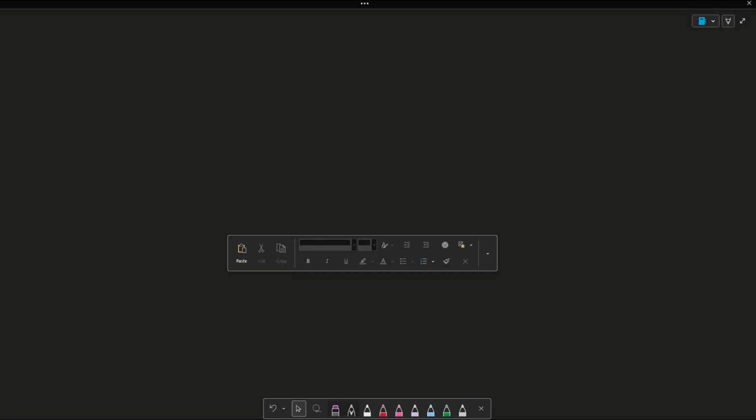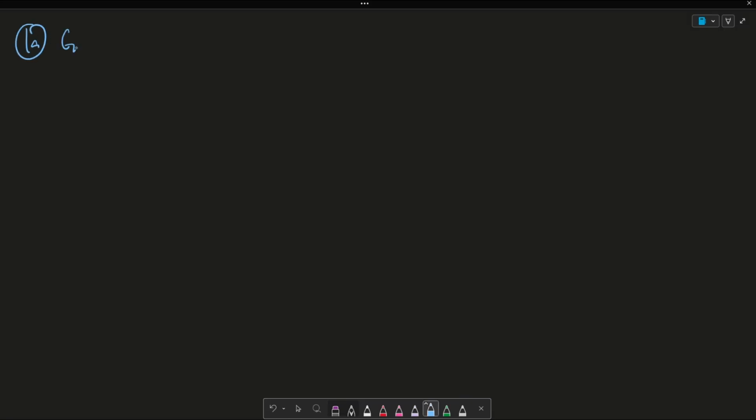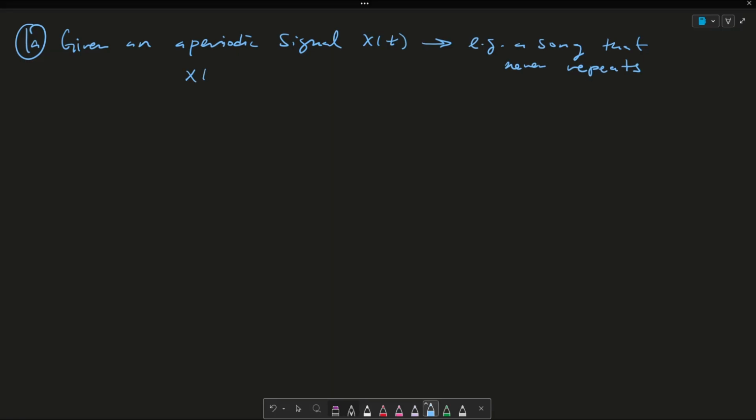And let's say that 1a says that given an aperiodic signal x of t, again, you can imagine this x of t to be like a song. So for example, a song that never repeats. So again, let x of t be an aperiodic signal.